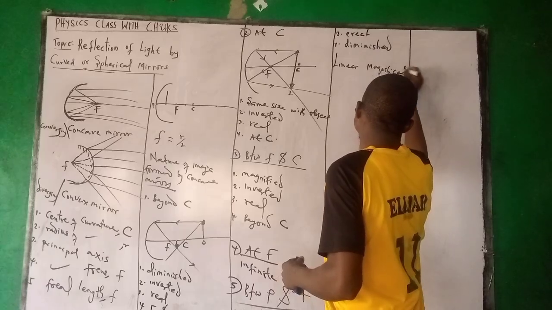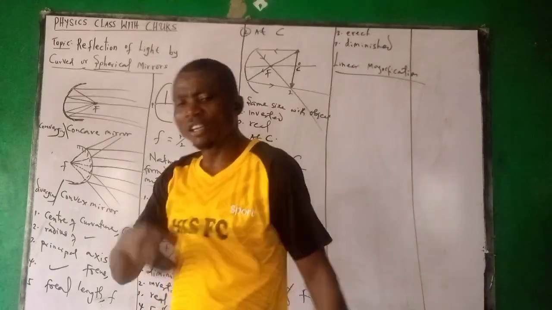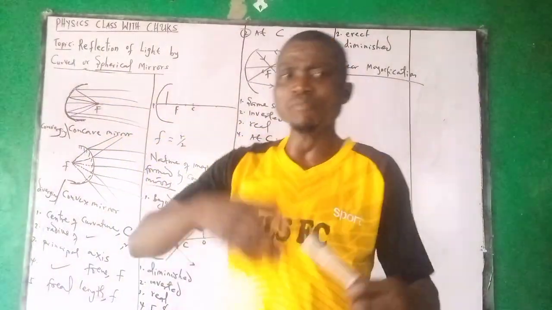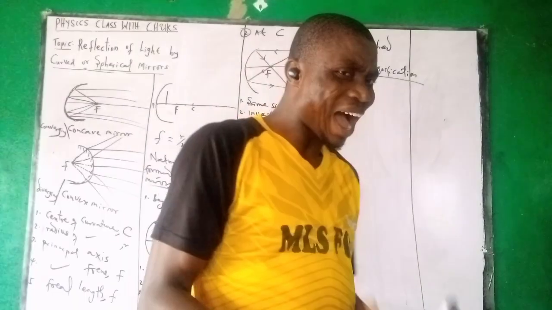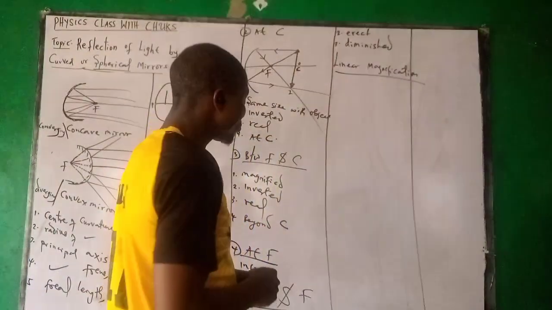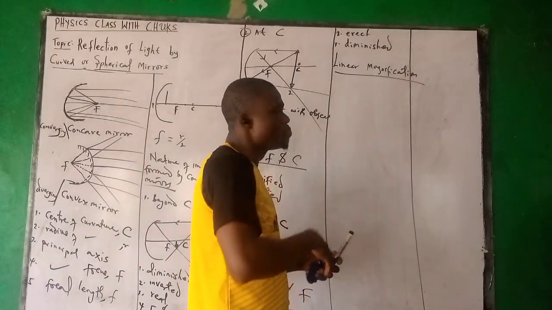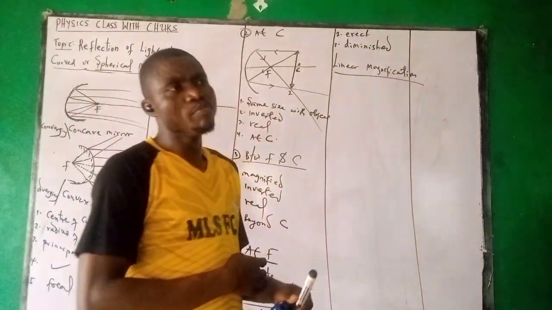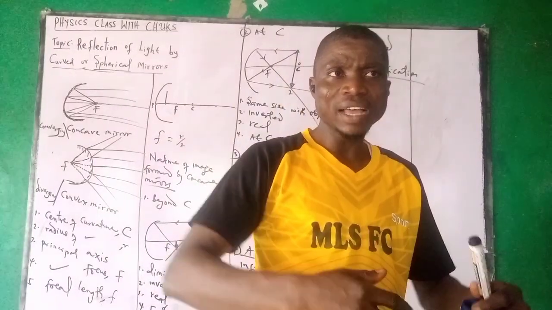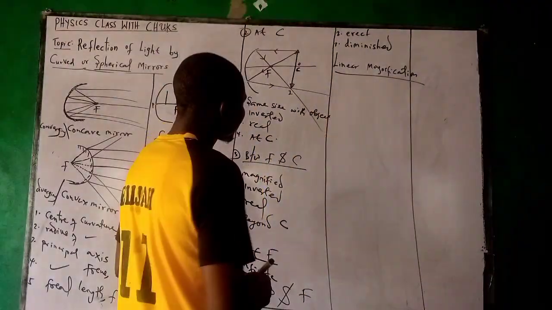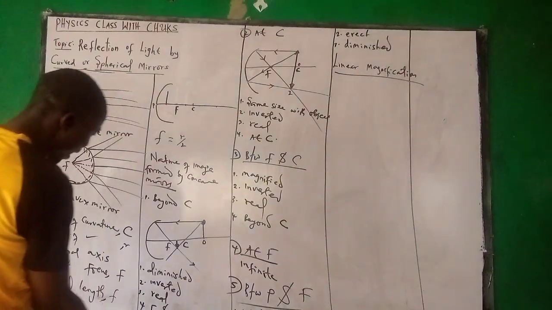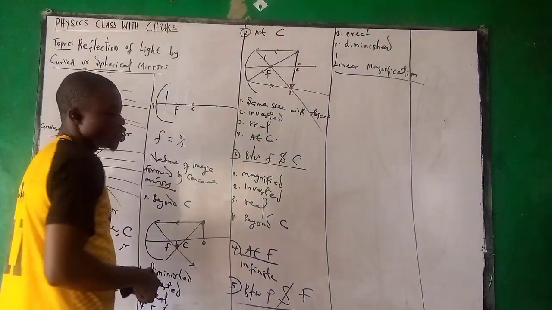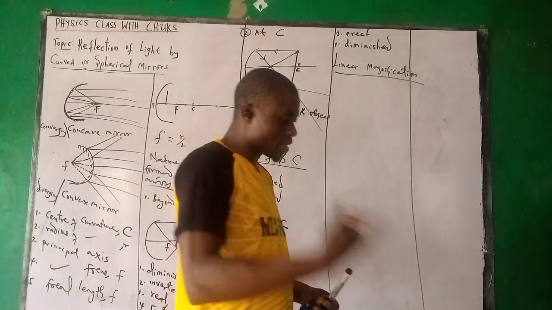When you hear the word magnification, it simply means the number of times an image will be bigger than the object. The number of times an image will be larger than the object is what we call magnification. Here we use the word magnify.